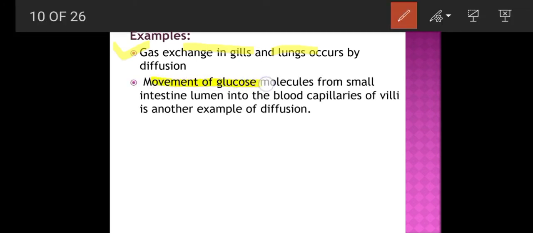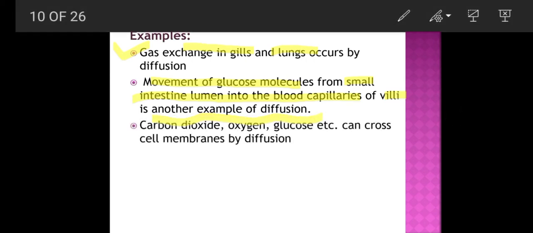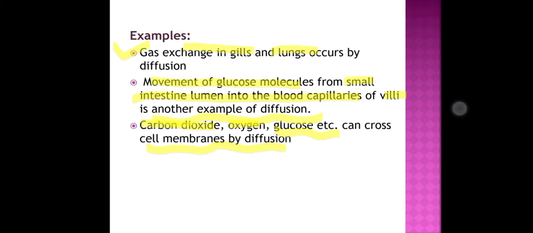Movement of glucose molecules from small intestine lumen into blood capillaries of villi is another example of diffusion. Some gases like carbon dioxide, oxygen, and glucose, etc., can cross the cell membrane by the process of diffusion.